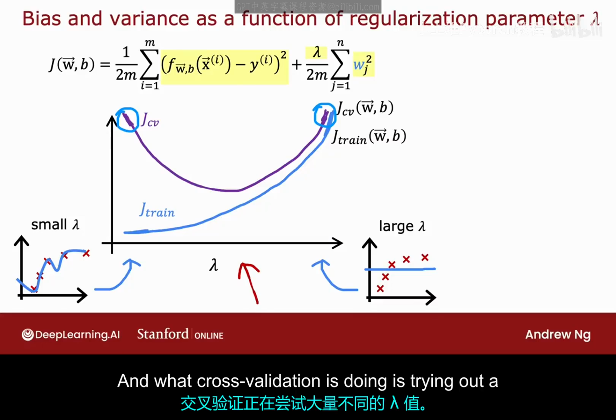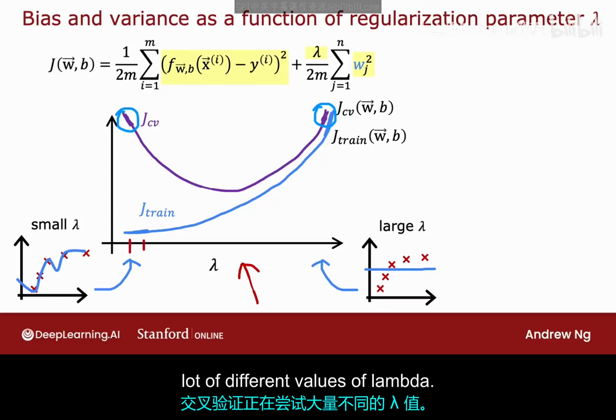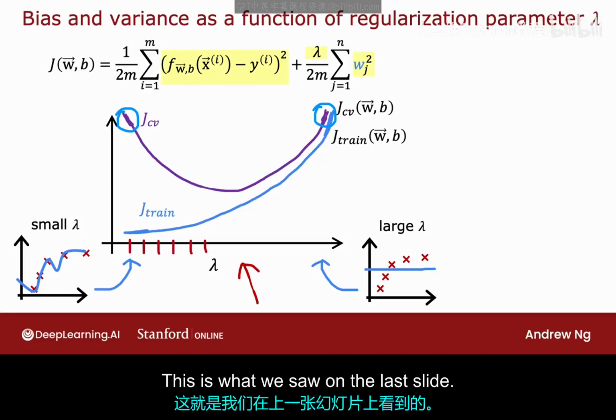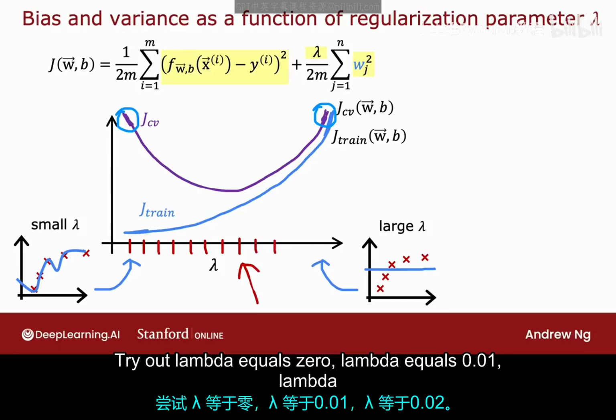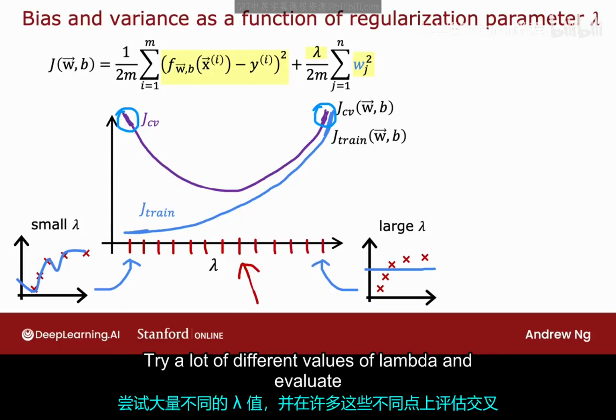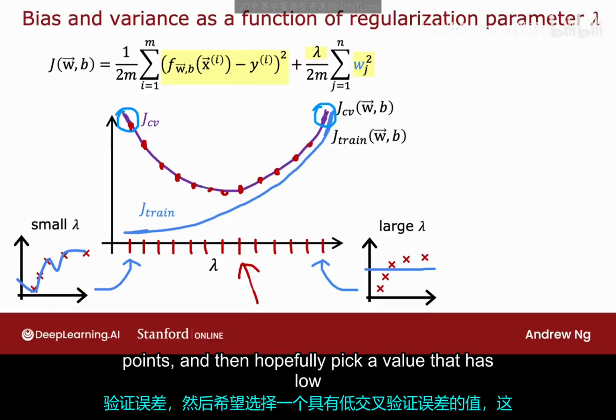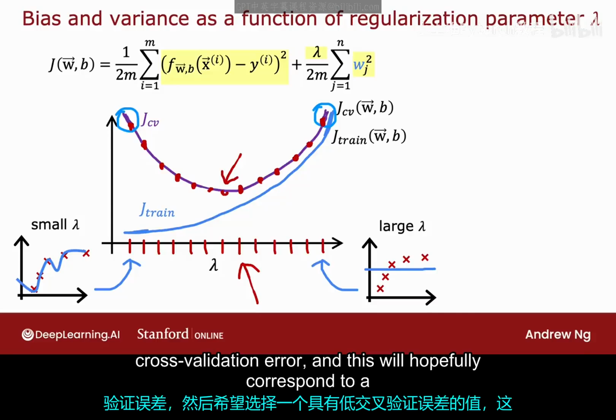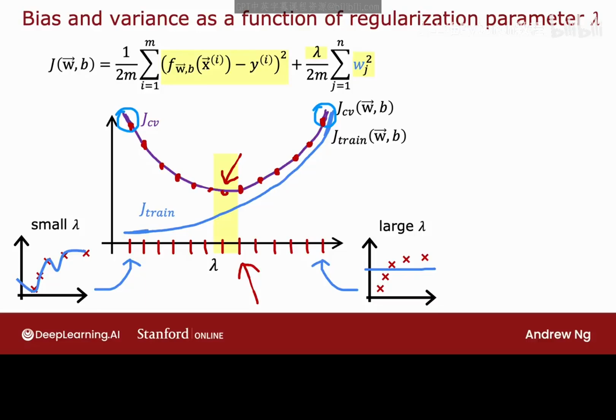What cross-validation is doing is trying out a lot of different values of lambda. This is what we saw on the last slide. Try out lambda equals 0, lambda equals 0.01, lambda equals 0.02. Try out a lot of different values of lambda and evaluate the cross-validation error at a lot of these different points. And then hopefully pick a value that has low cross-validation error. And this will hopefully correspond to a good model for your application.